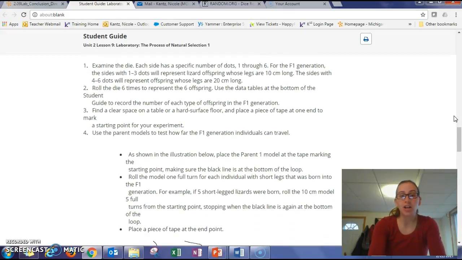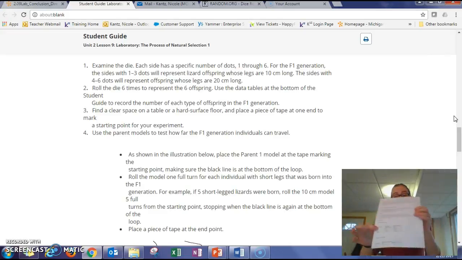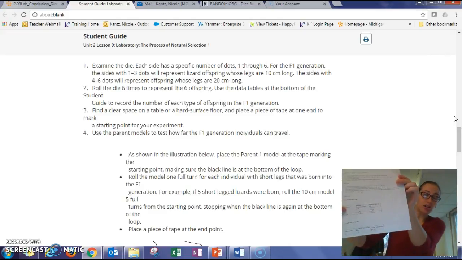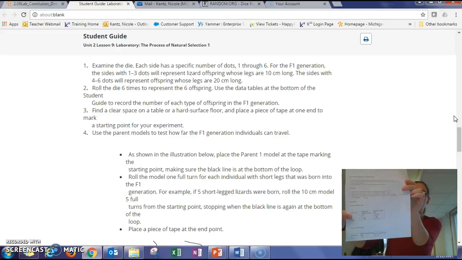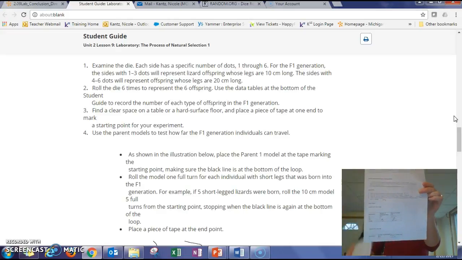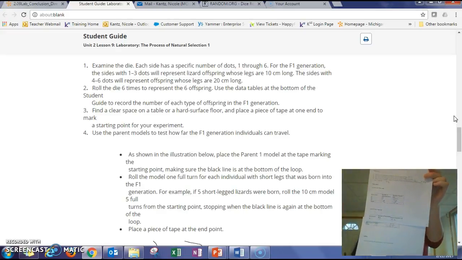Part B, this is where you're going to use your dice. It says examine the die. Each side has a specific number of dots, 1 through 6. For generation 1, on your student guide, you'll notice charts. Those charts will show you the F1 generation, F2 generation, and F3 generation for short legs, and you'll have one for long legs as well.